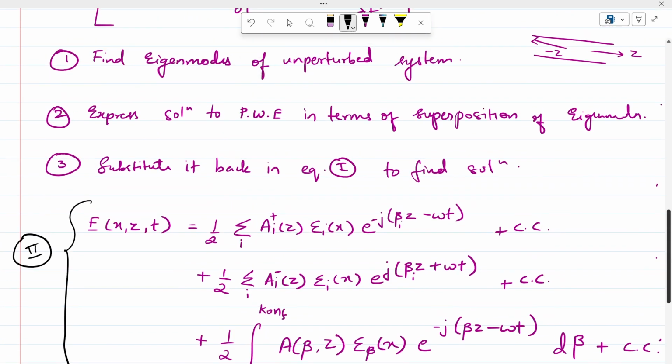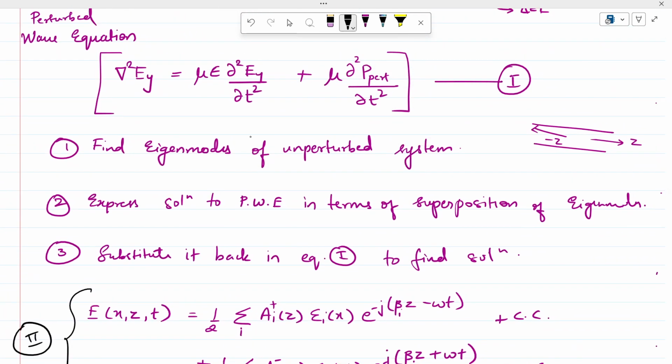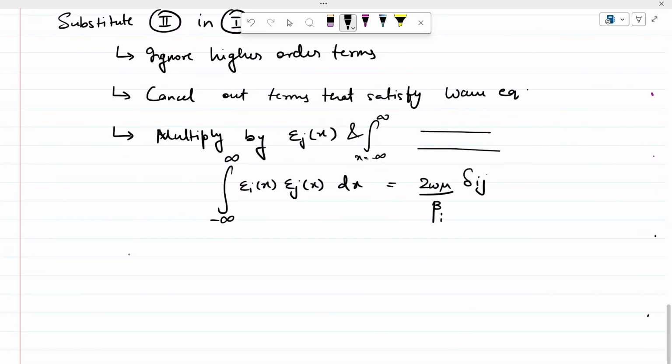So a relationship between the perturbation term and a change in the amplitudes of mode j. I'll write down the relation. So that will be the partial of Aj minus over partial z, times e to the power j(beta j z plus omega t). This is the backward propagating wave.